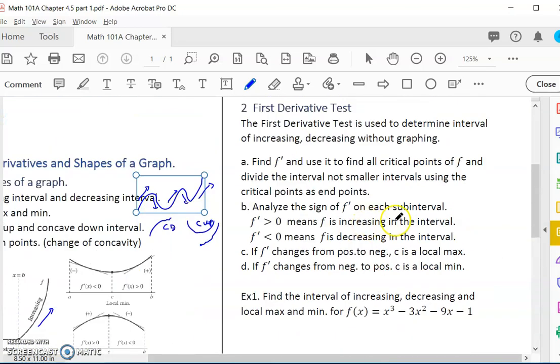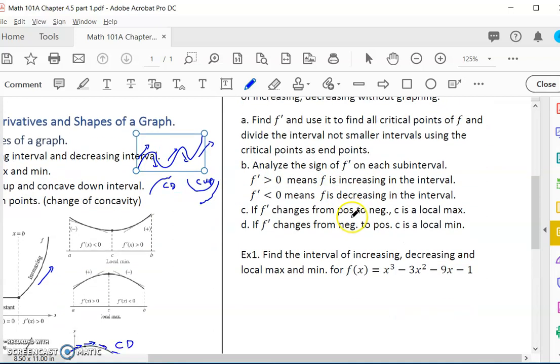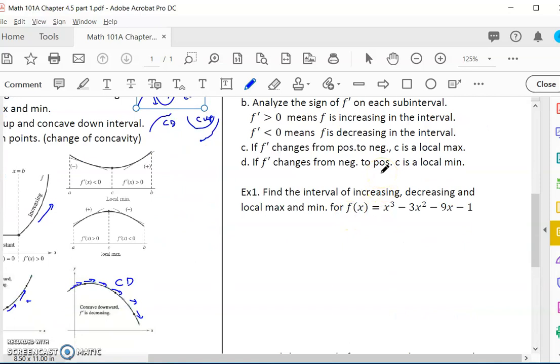So let's look at the steps. We use f prime because we know if it is increasing, the tangent line slope must be going up. So we find f prime, find all the critical points, and then analyze each interval to see if it is positive or negative, and then draw the increasing and decreasing arrows. And how do I determine if it is a local max or local min?